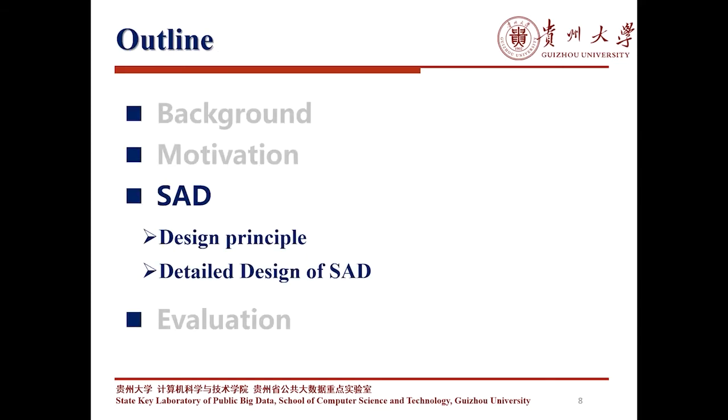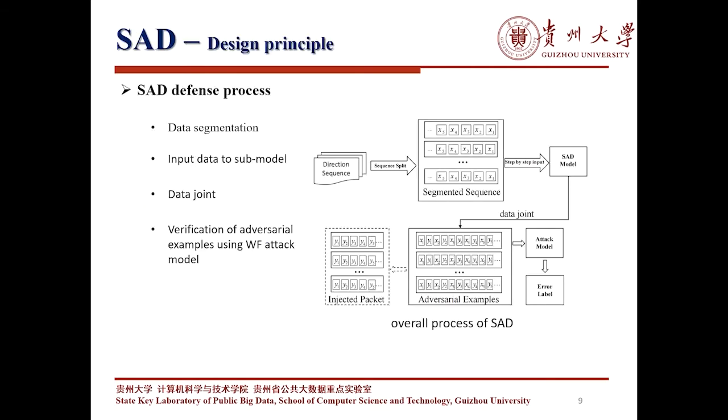Now I will introduce our SAD in detail. We will first introduce its main idea and then explain some more information about it. In this process, we will explain some implementation details. First of all, this picture shows the general process of SAD.